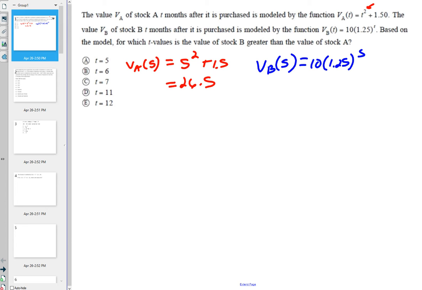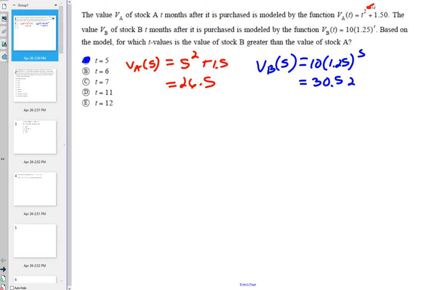I would need a calculator for that. 1.25 to the 5th times 10. I'm getting 30.52 around there. So which one's bigger? B is greater, so that would be one.